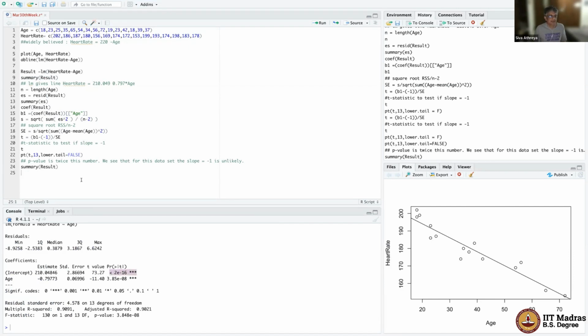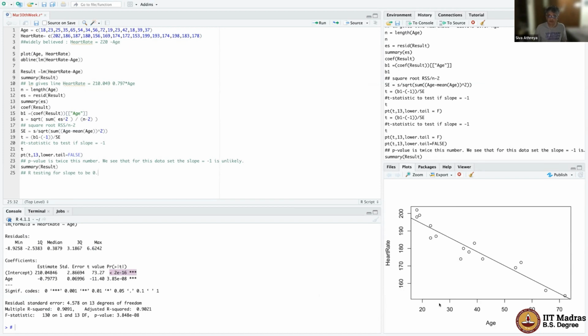But the default value R tests is for the slope to be 0. We tested for the slope to be -1, R tests for the slope to be 0. That's what R is doing in this particular p-value. Very good.